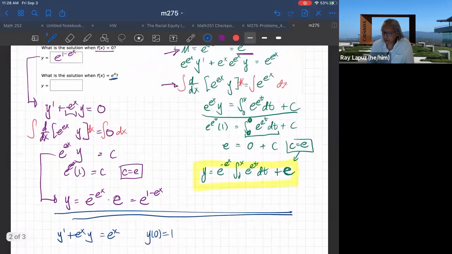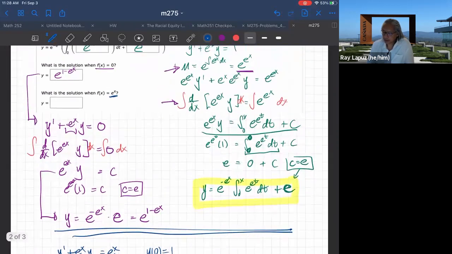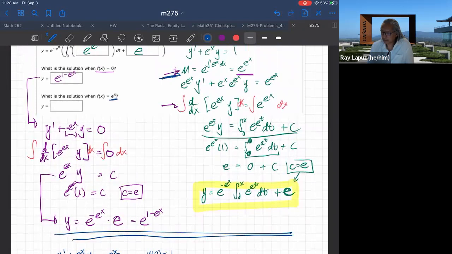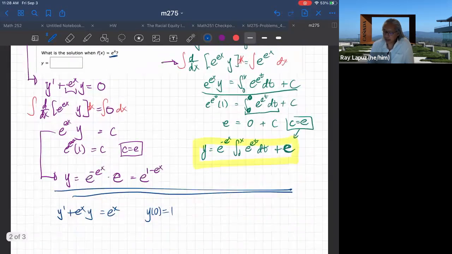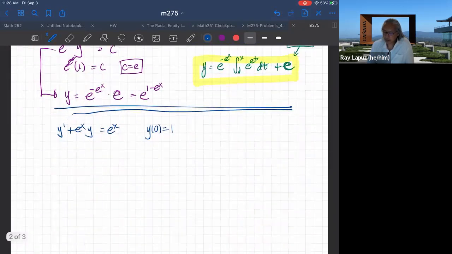We know that the integrating factor is e to the x. And so we know that the left-hand side is going to be d/dx of e to the x times y, perfect product rule. The right-hand side would be e to the x times e to the x.